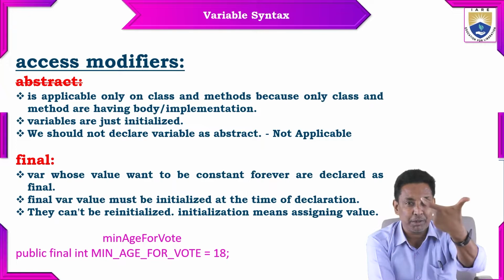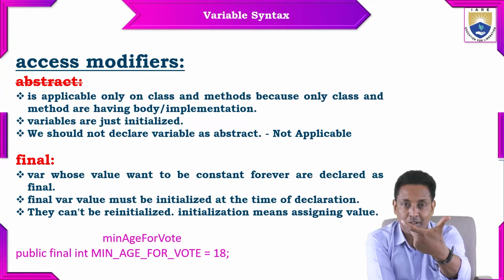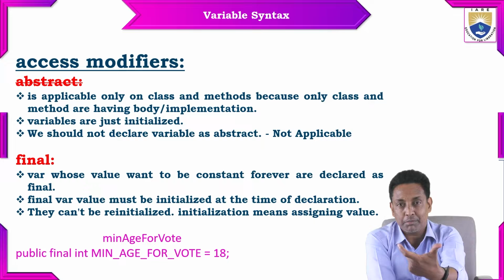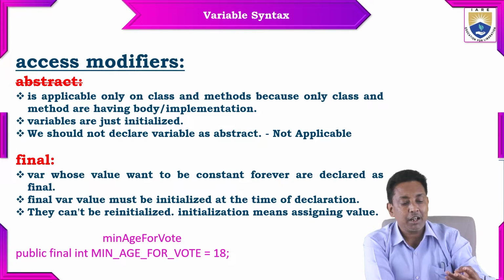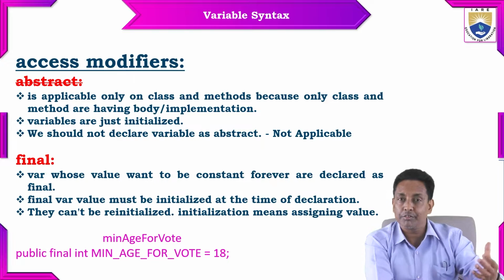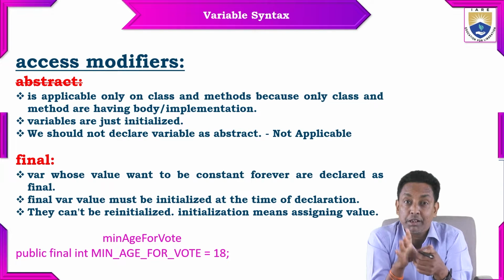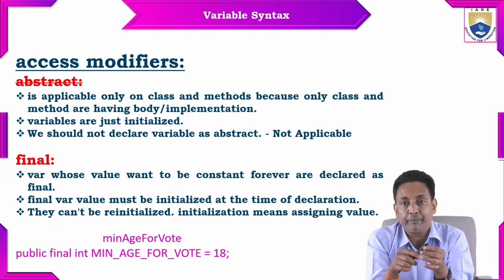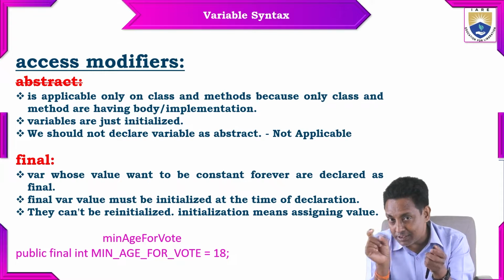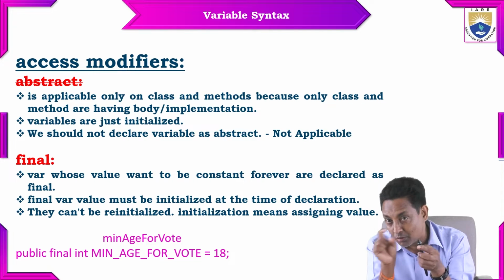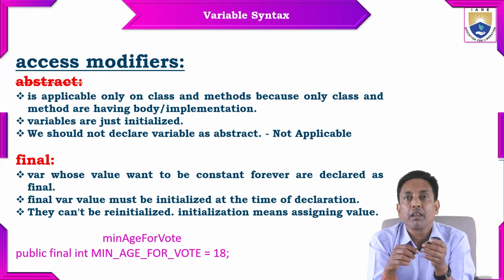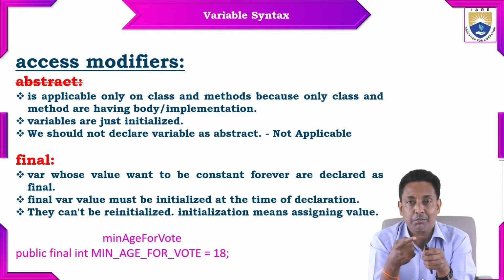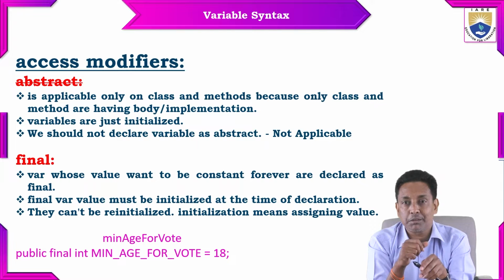The data type's minimum value is assigned to one variable, and maximum value is assigned to the other. Those ranges are assigned there. You can go and check them. You can print them. So the wrapper classes and the Math class are completed.